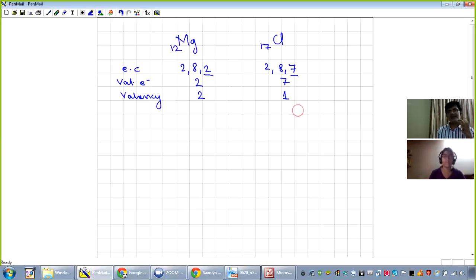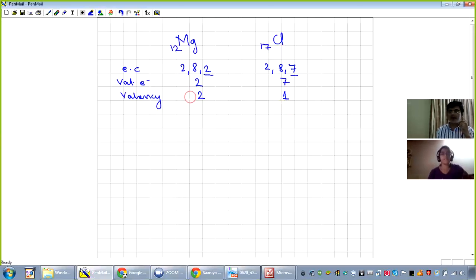What is going to happen in this case? 2 chlorine atoms and 1 magnesium atom. Will there be sharing of electrons or transfer of electrons? Transfer. Correct, because chlorine will be accepting one electron from magnesium, but there will be two chlorine atoms.